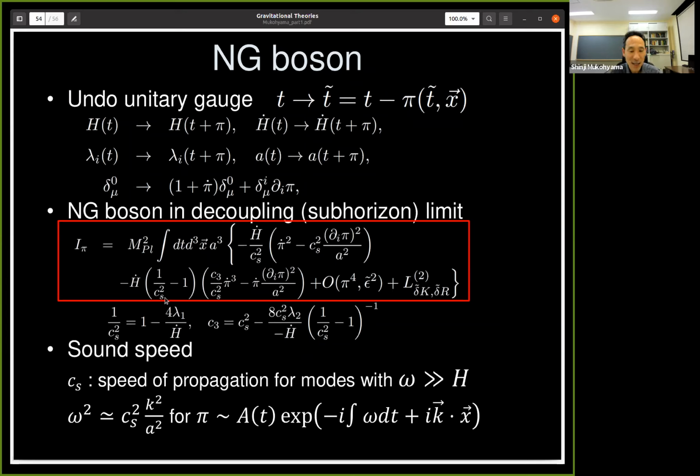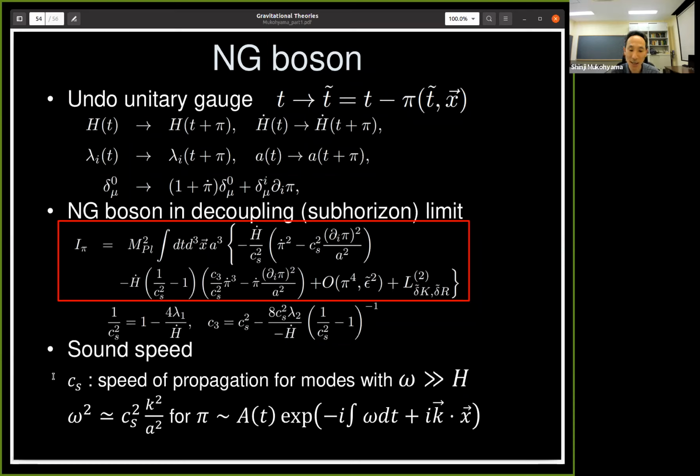Here, this c_s squared defined by this represents the so-called sound speed squared, because the dispersion relation of pi is given by this. Okay, pi dot squared is multiplied by this, and the gradient squared of pi is multiplied by the same coefficient times minus c_s squared.